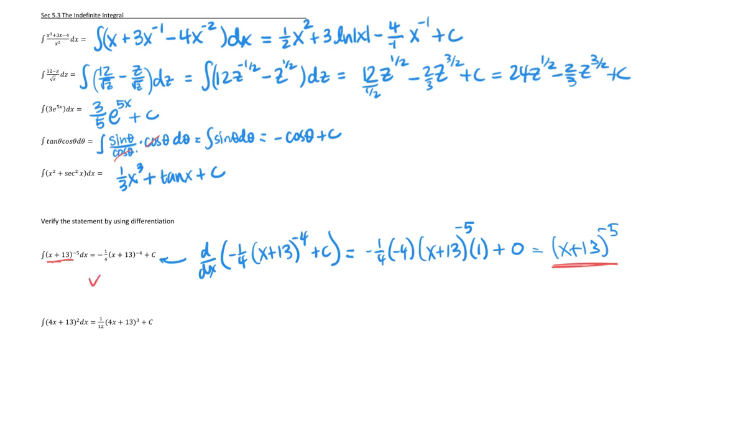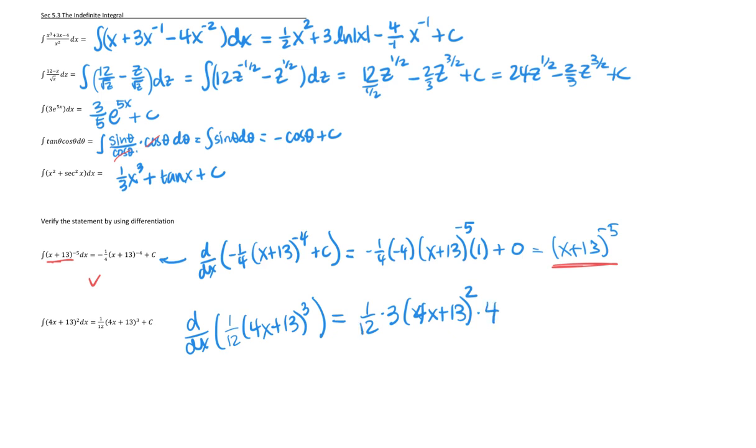Okay, let's try it again with this one. So what I want to do is take the derivative with respect to x of 1/12 times 4x plus 13 cubed. And so if I take the derivative of that using the chain rule, I'll have 1/12 times 3 times 4x plus 13 to the second power, and then times the derivative of the inside, which is just 4.